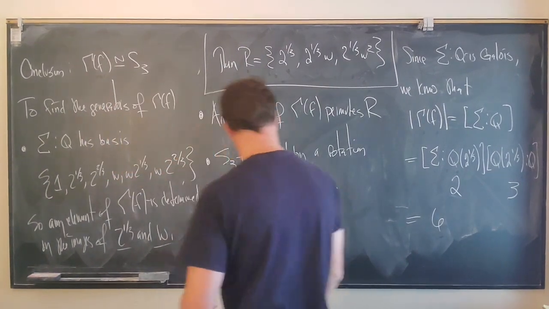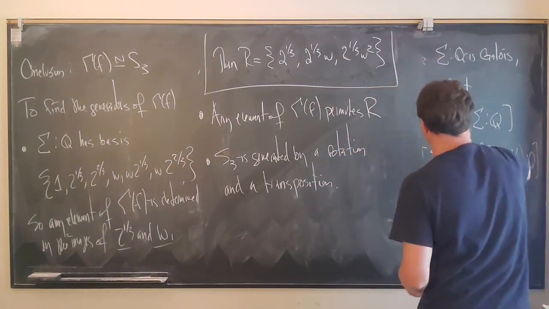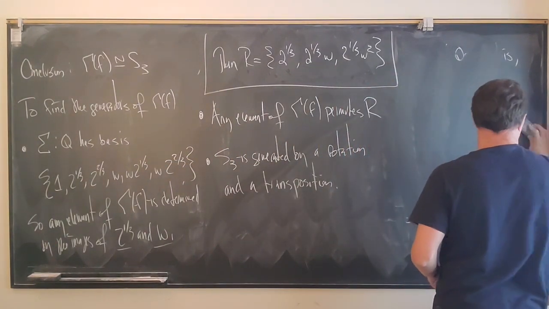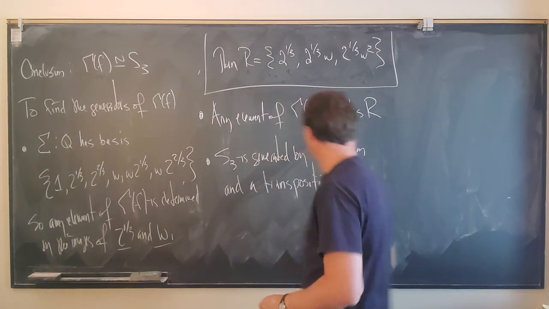Let me draw this little picture here. We've got 3 roots. They lie on an equilateral triangle sitting inside the complex plane.